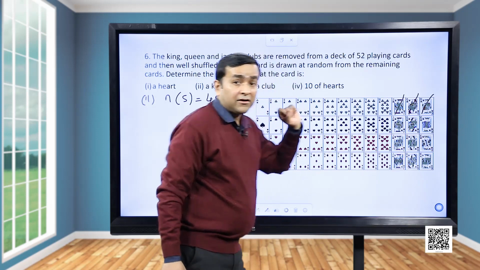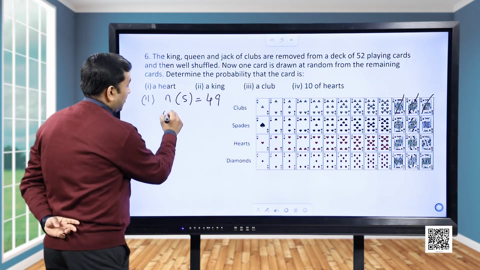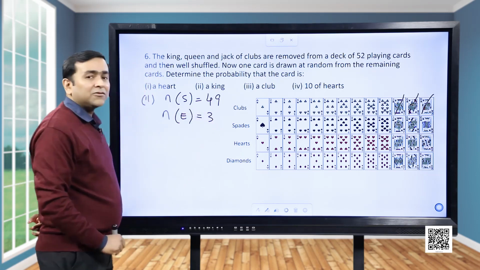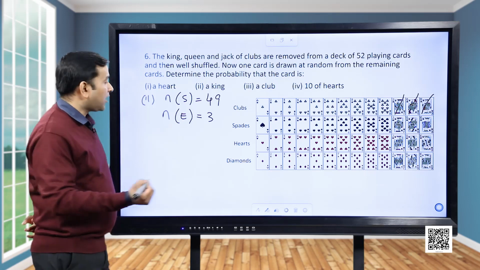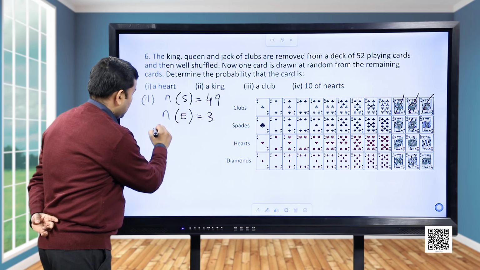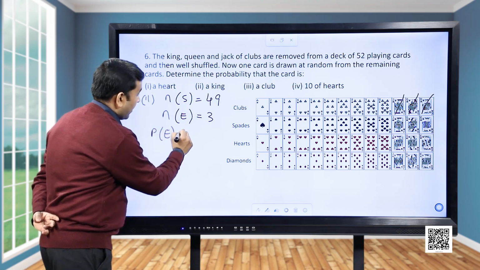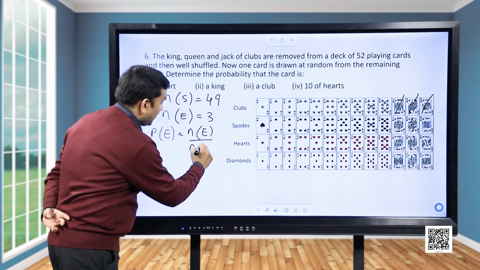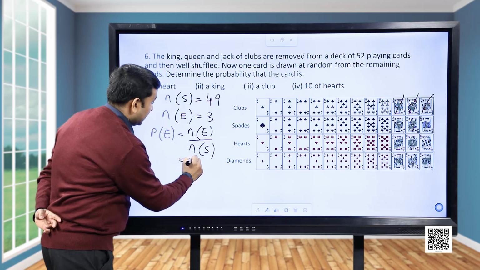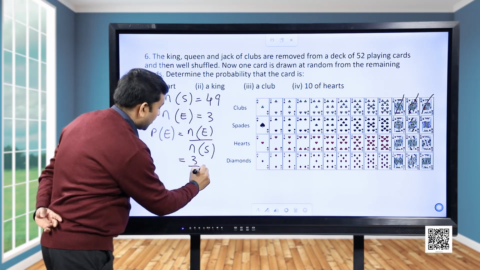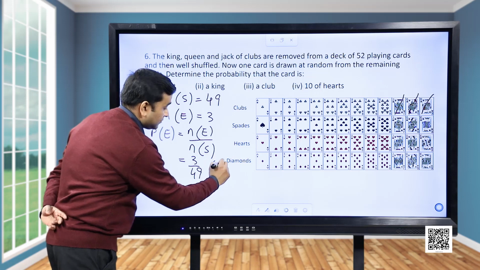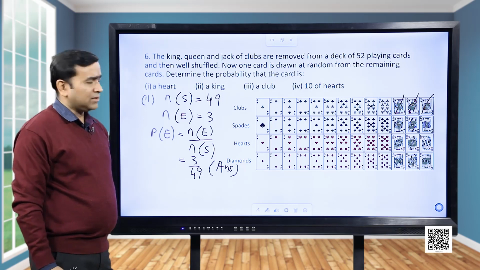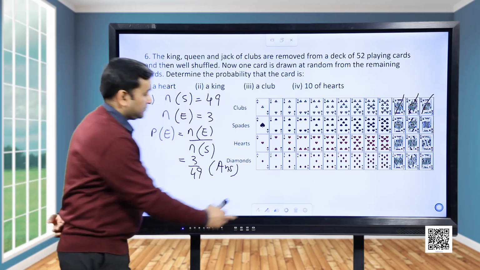Only 3 kings are left, right? So the favorable outcome is 3. What is the required probability? It is very simple. Number of favorable outcomes upon number of all the possible outcomes. That means 3 upon 49. This is the answer. Okay, that was quite easy. Let's move to the third part.